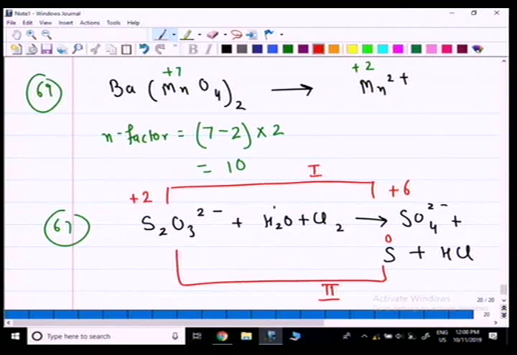Okay, first is oxidation. We know that in the process where oxidation occurs, the species involved behaves as a reducing agent. So in process number 1, it will behave as a reducing agent. I will calculate the n factor on the basis of equation number 1.